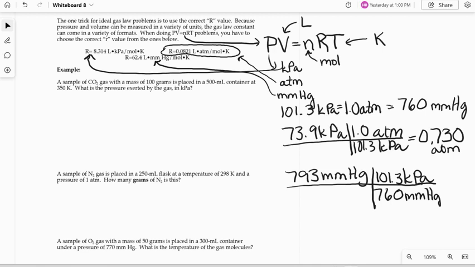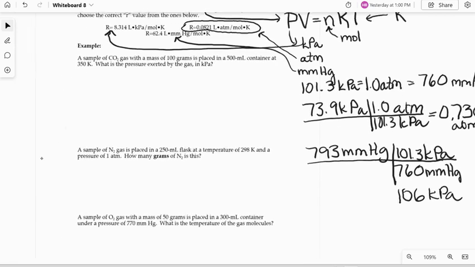So 793 times 101.3 divided by 760 will give me an answer of 106 kilopascals. Remember, we go to the given in order to find the number of significant figures. So this is just another conversion factor to convert between units.